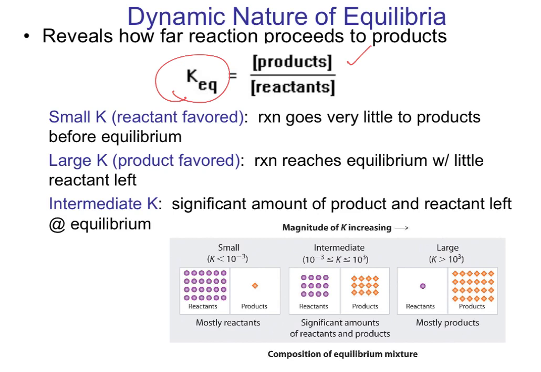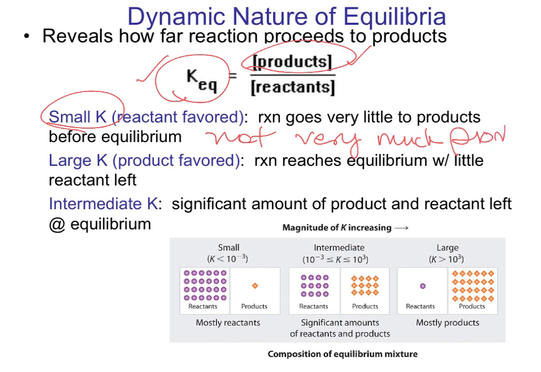So there are tables published of equilibrium constants at certain temperatures for different reactions. And if it is a small value of the equilibrium constant, that means there is not very much product, okay? Small K means the numerator is small, not very much product, and that's not good for chemists, right? They want product, so that's a good piece of information.